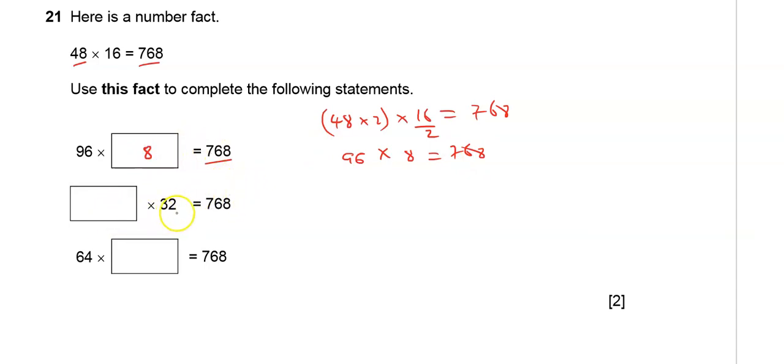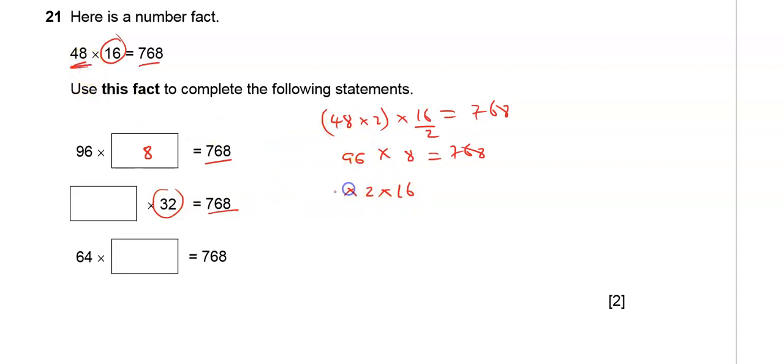Dash multiplied by 32 should be the same. What do we do to 16 to get 32? 16 times 2 gives us 32. And therefore we need to divide the 48 by 2.